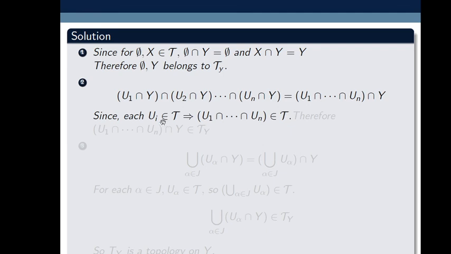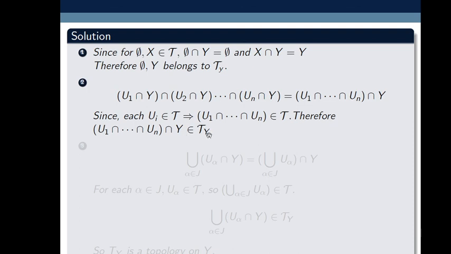Since each u1, u2, un is a member of tau, and tau is a topology, the finite intersection of those elements also belongs to tau. Therefore u1 intersection up to un intersection y belongs to tau Y.